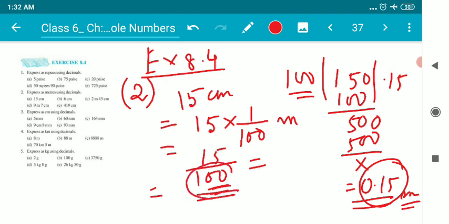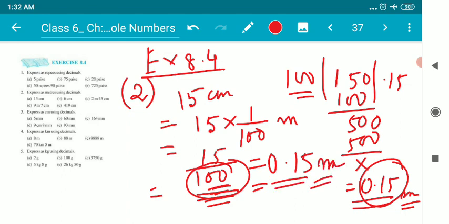When the denominator is 10, 100, 1000, 10,000, 1 lakh, such kind of numbers, the point comes in the numerator that number of digits before from the right hand side. Here there are 2 zeros, so the point will come before 5 and 1. We cannot write it as .15, so we use a 0 to make it look nice. So the answer is 0.15 meter. I believe it's clear to everyone. If not, please let me know and feel free to speak.